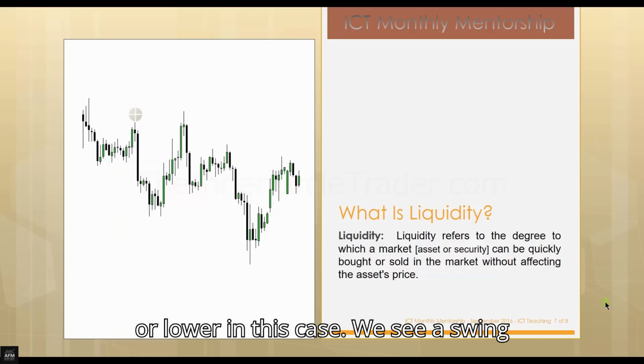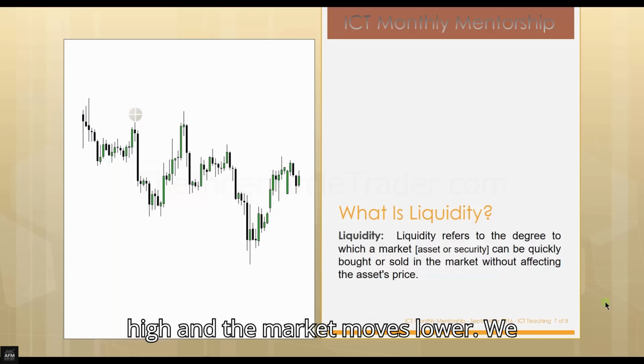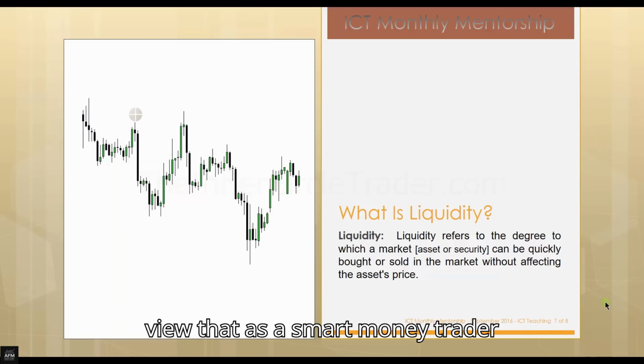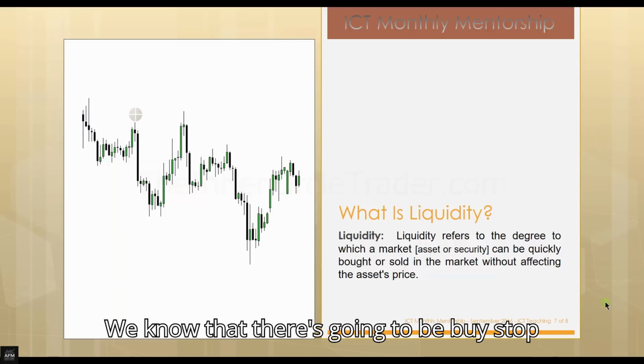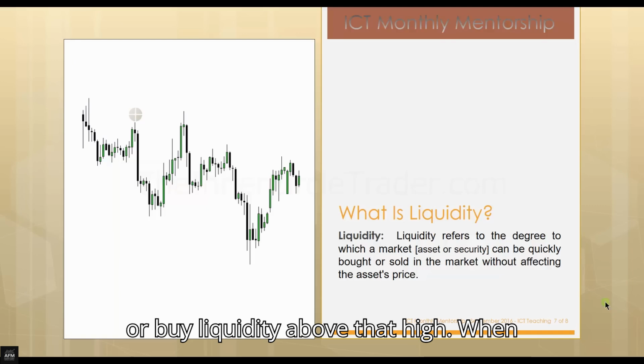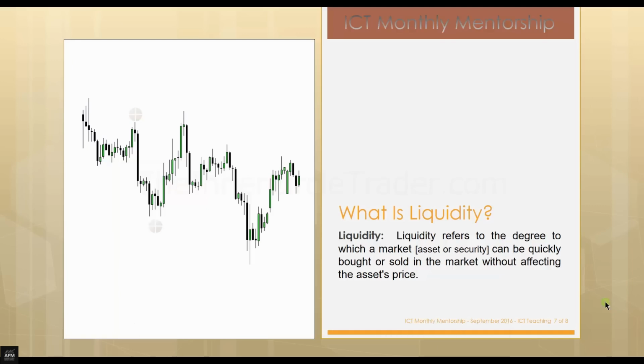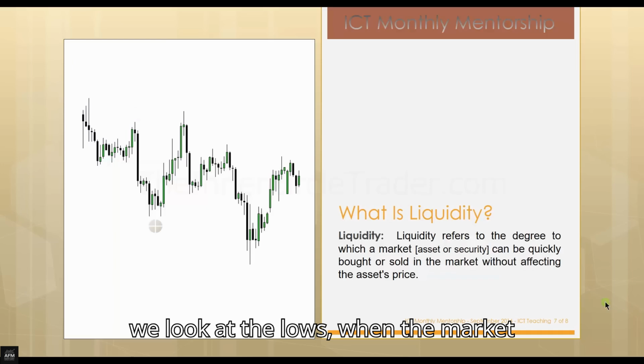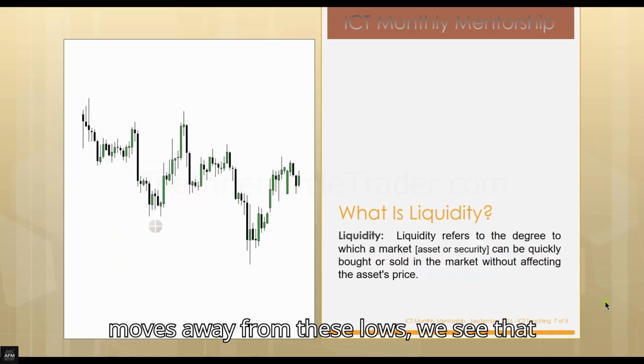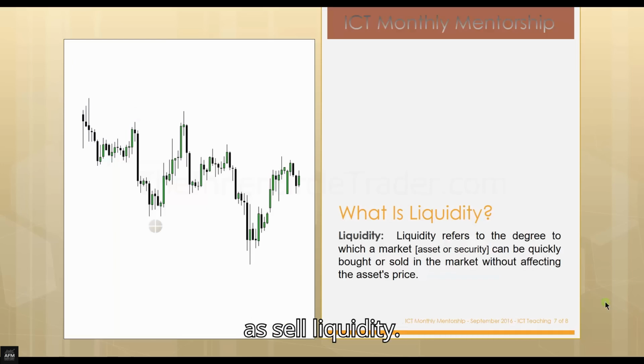In this case, we see a swing high and the market moves lower. We view that from a smart money trader or market maker perspective. We know that there's going to be buy stops or buy liquidity above that high. When we look at the lows, when the market moves away from these lows, we see that as sell liquidity.